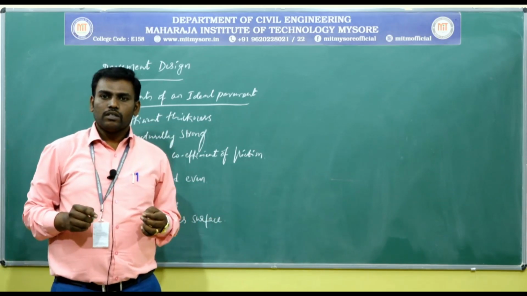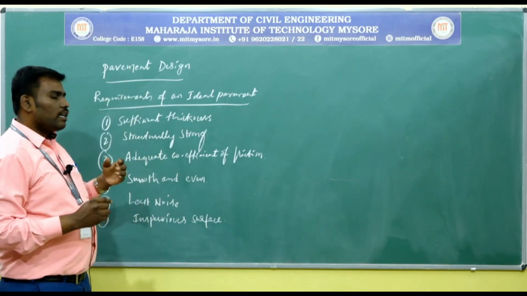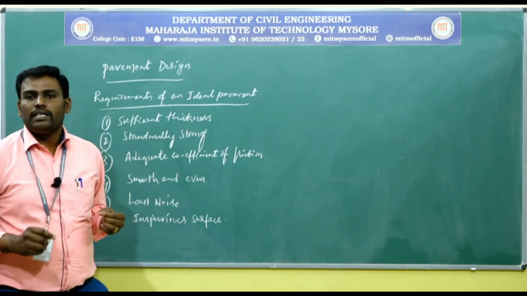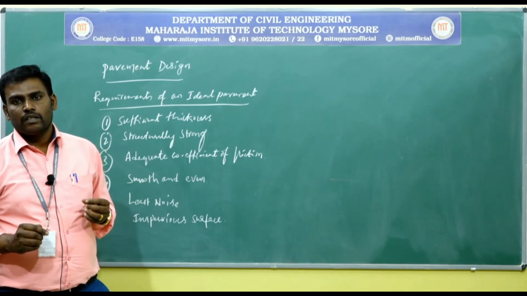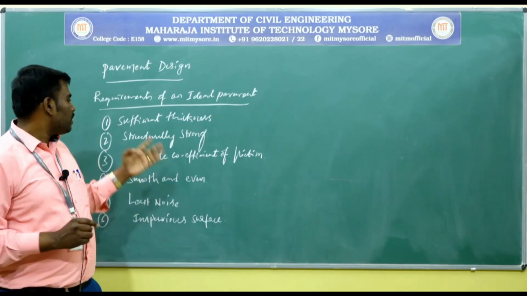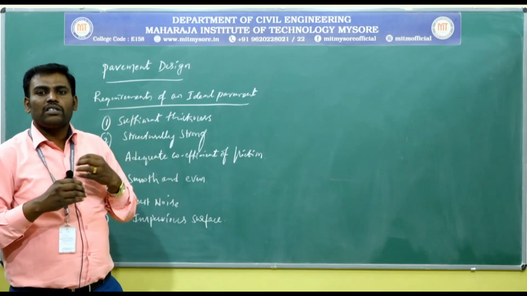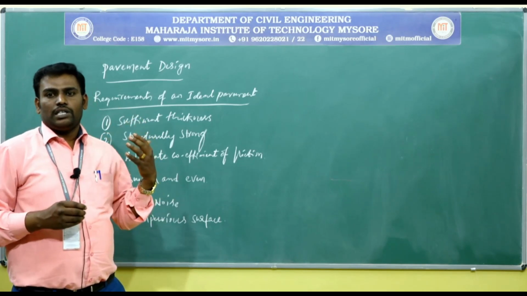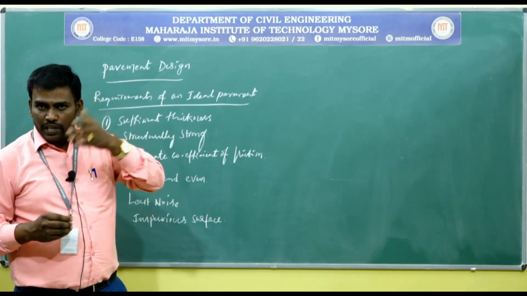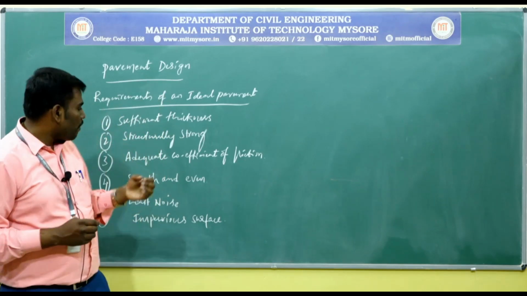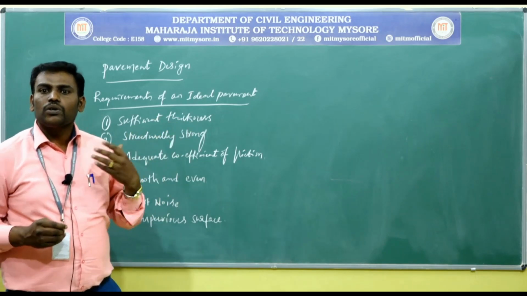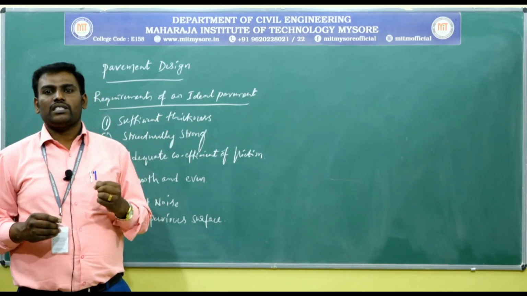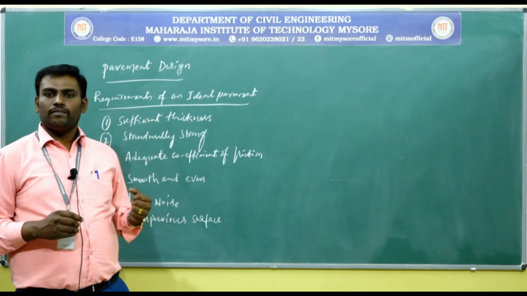Is it clear? These are the 6 requirements for an ideal pavement. Means the first one is the pavement should have sufficient thickness to distribute the load to the lower layers. And the pavement should be structurally strong enough to resist all kinds of stresses which are imposed on it.